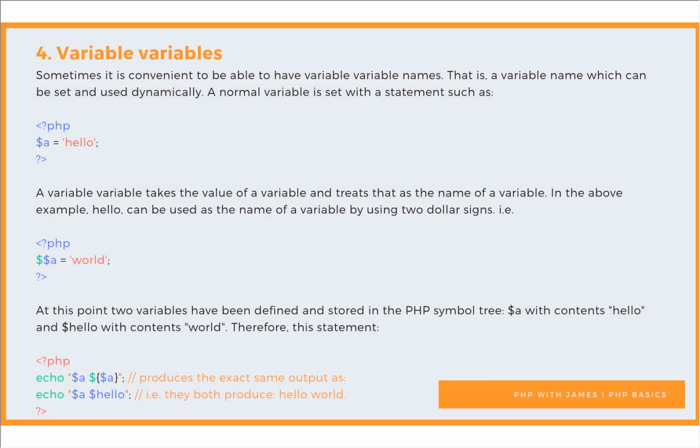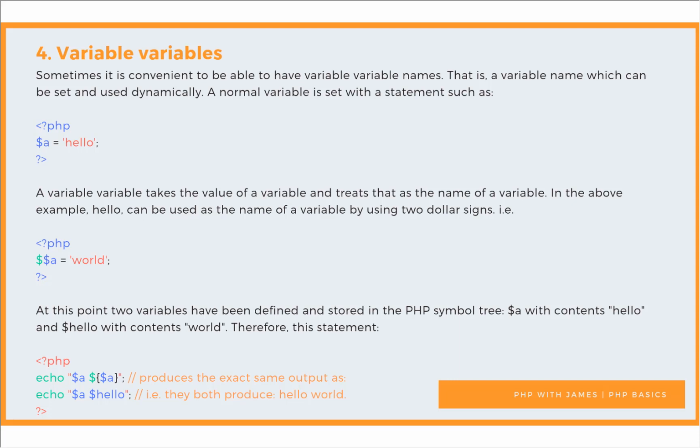Next is variable variables. Sometimes it is convenient to be able to have variable names that can be set and used dynamically. A normal variable is set with a statement such as $a = 'hello'. But a variable variable takes the value of a variable and treats that as the name of a variable.